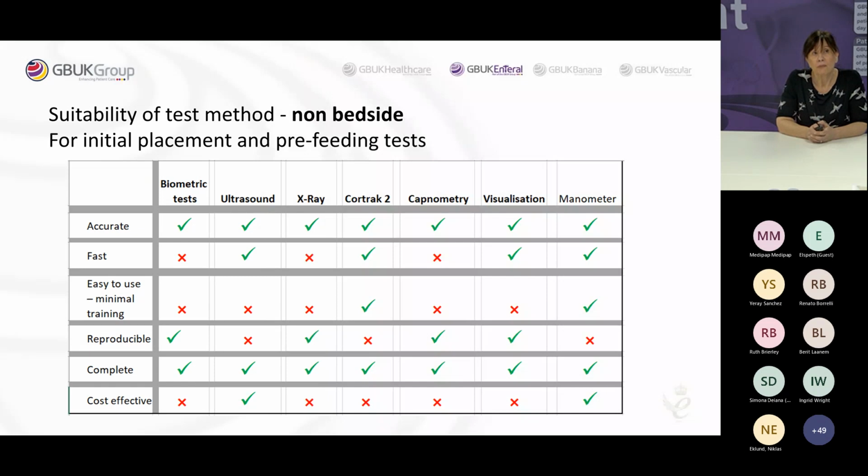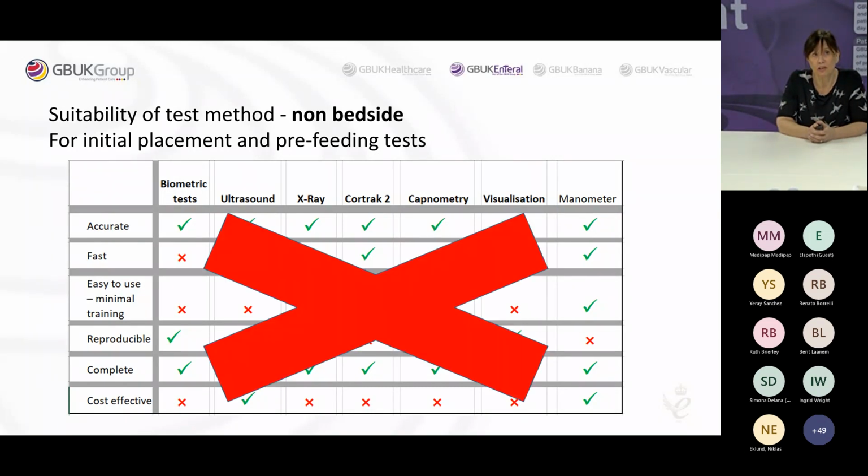Of the non-bedside methods for initial placement, there's none that are suitable at all for pre-feeding checks, and many of them are obviously suitable for initial placement checks, and all of them have been shown in tests to be highly accurate, but all of them have some difficulties in use and require quite a lot of training. So none of these are going to be useful for both initial and pre-feed testing.